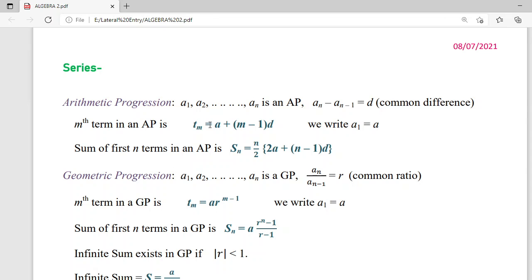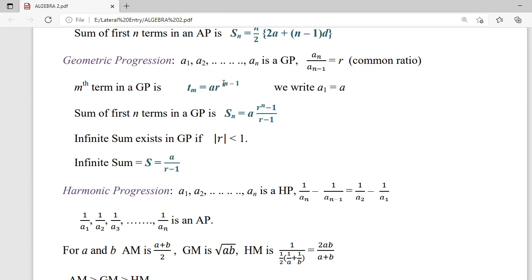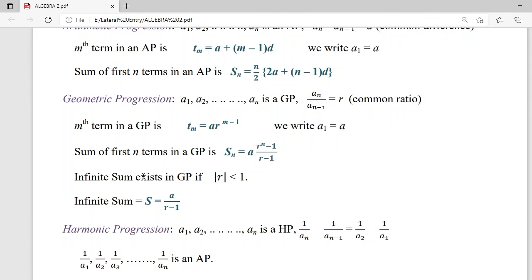But in this case, we are adding or subtracting some values like this, so the terms usually don't go to 0. That is why the infinite sum in AP doesn't exist. But in GP, there is a possibility. When the common ratio is smaller than 1, then r to the power n converges to 0, and that is the limiting case.